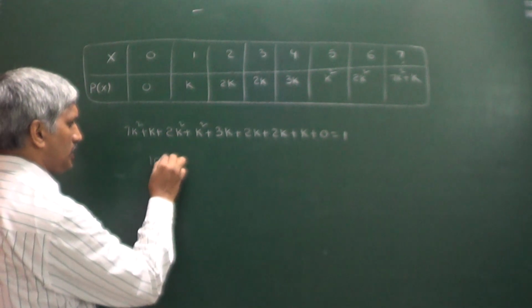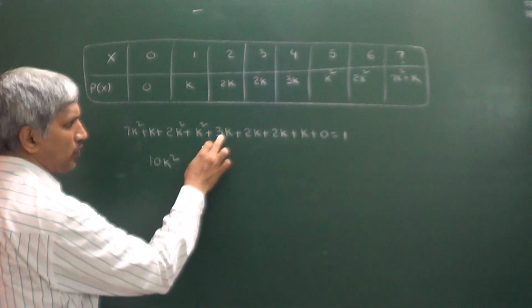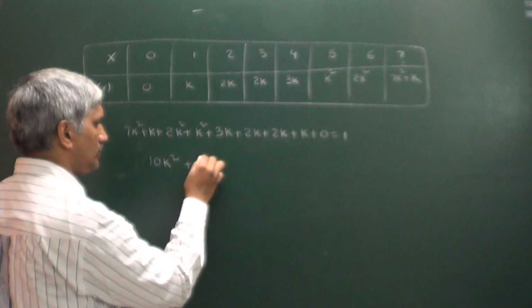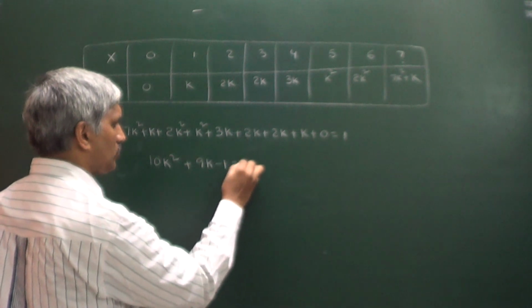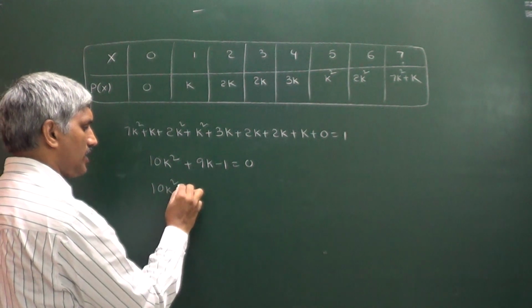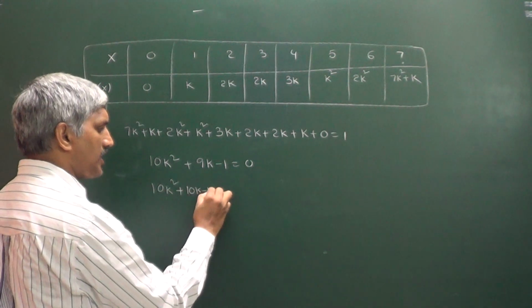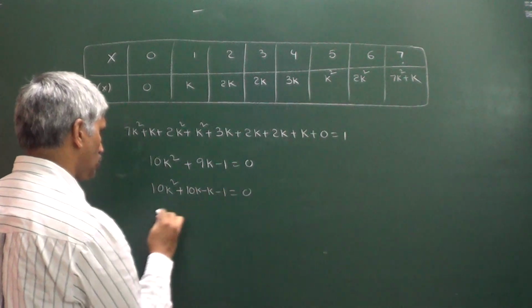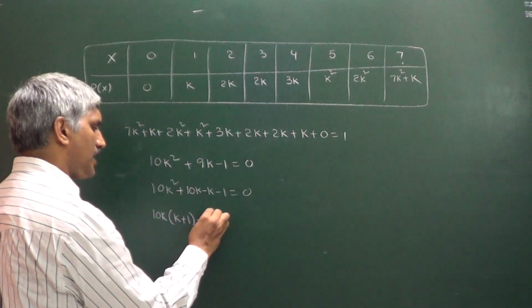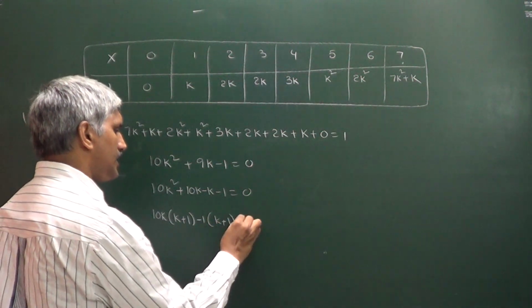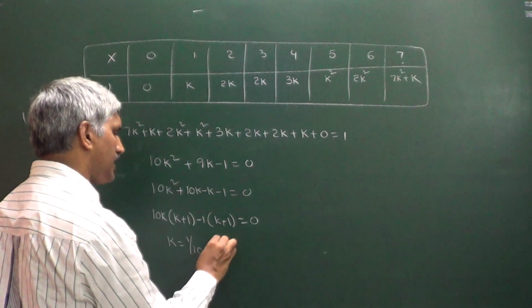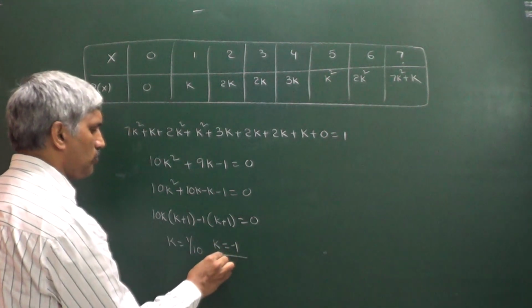Now we are getting 10k square plus 9k minus 1 is equal to 0. Now I can write this as 10k square plus 10k minus k minus 1 is equal to 0. If you take 10k common, you will get 10k into (k plus 1) minus 1 into (k plus 1) is equal to 0. Therefore, we are getting k value is equal to 1 by 10. K value is equal to minus 1.